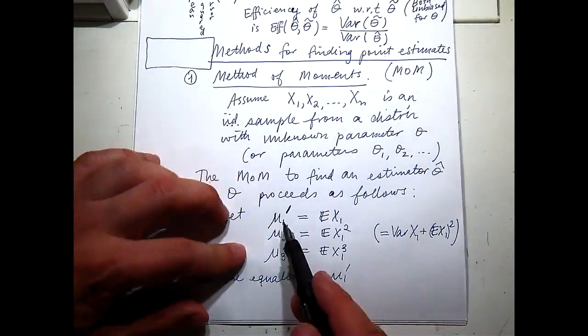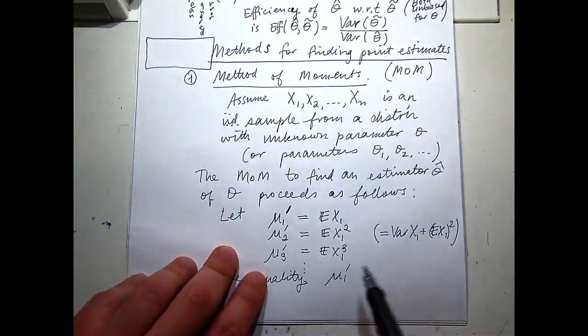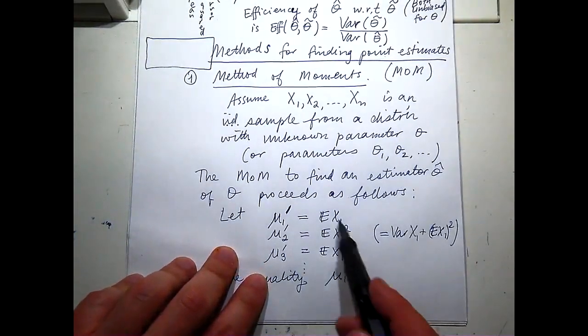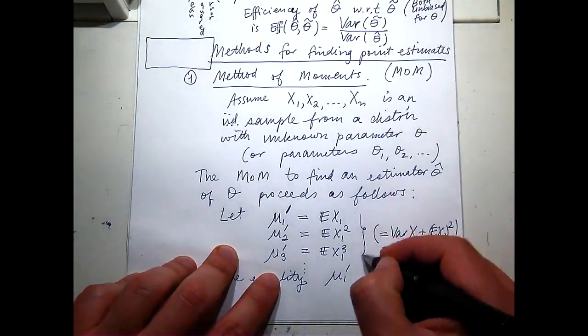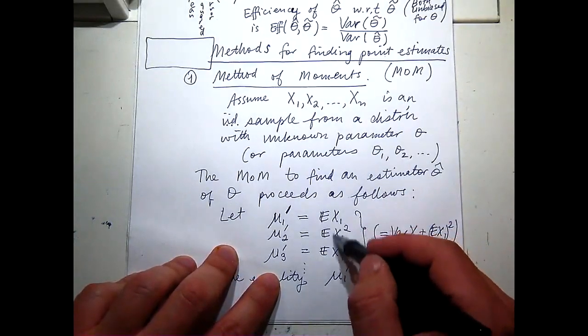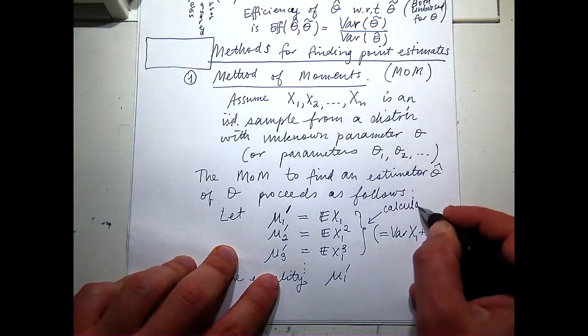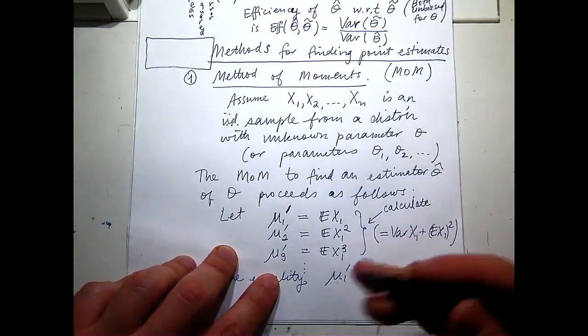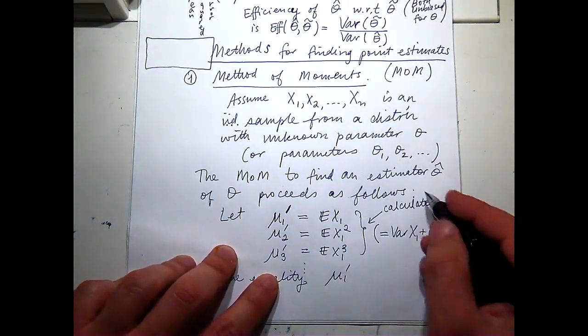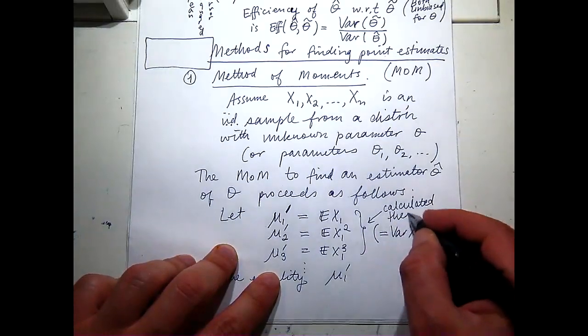Now, I haven't written the dependence, but mu1 prime you calculate theoretically. I'm not saying that you can calculate this from the sample. You of course cannot calculate the true moment for a sample. You can only calculate a sample moment from the sample. So these will be calculated theoretically.